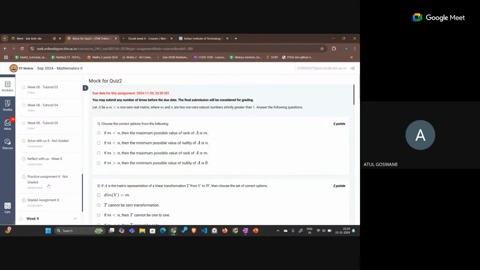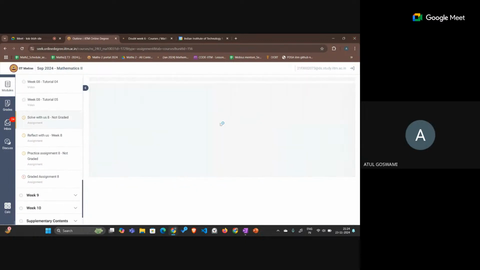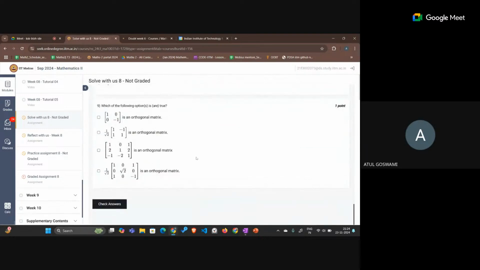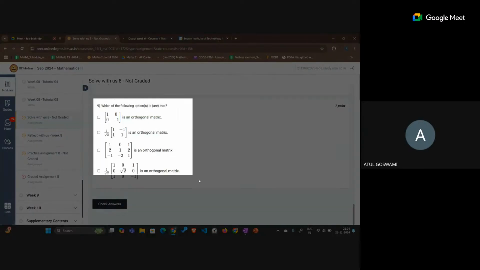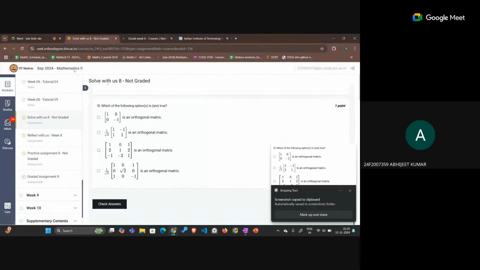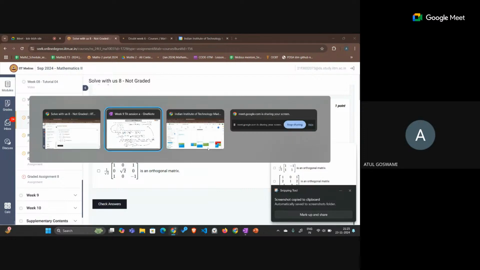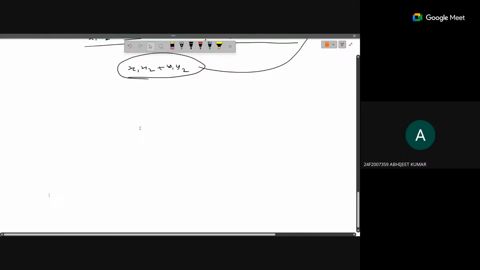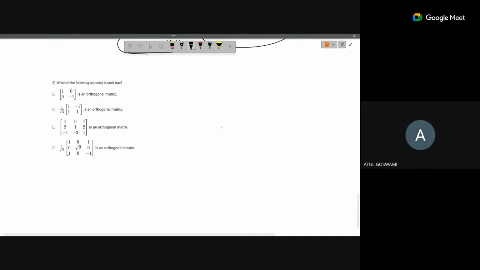Okay, so the next one is this orthogonal matrix. For this one, I'm first solving whether this is orthogonal or not.